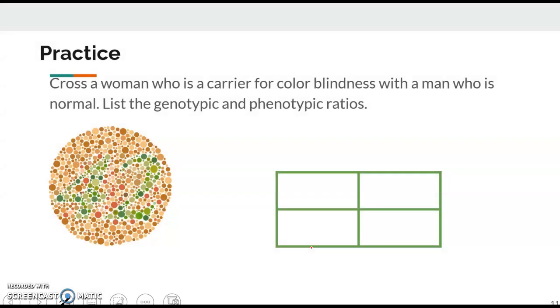So let's practice with that. Cross a woman who is a carrier for color blindness with a man who is normal. For color blindness, I'm going to use B because I don't like using C. So I'm going to say the female is a carrier, and the male is normal, right? So I'm going to make those babies.